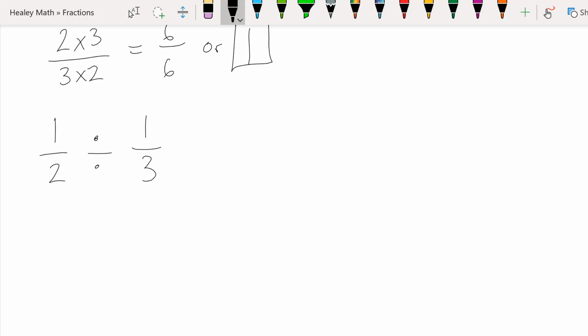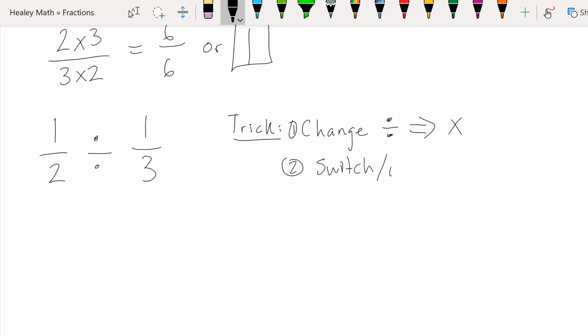The trick is we need to change the division sign to the multiplying sign, and then we need to switch or flip the second fraction.